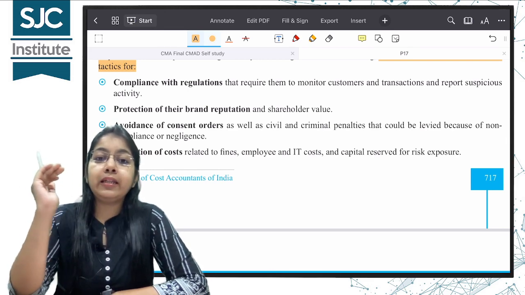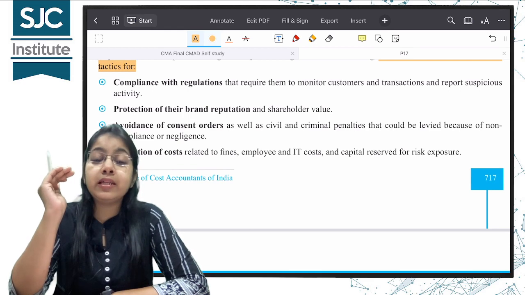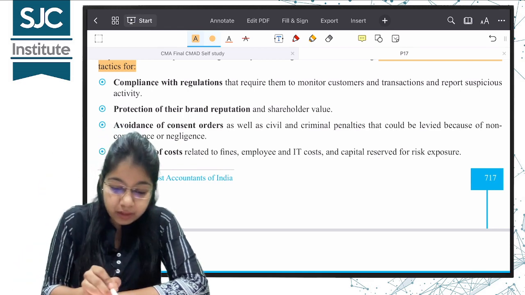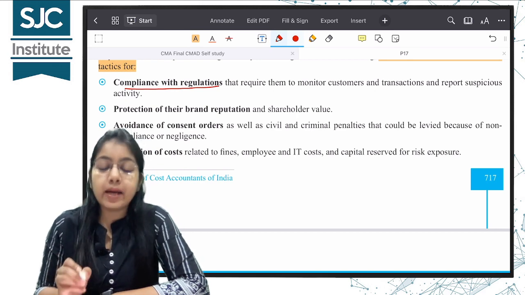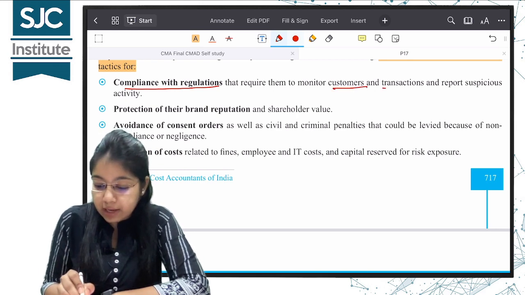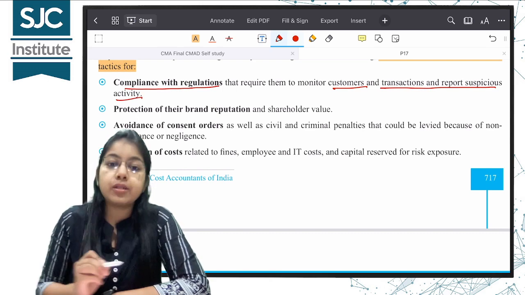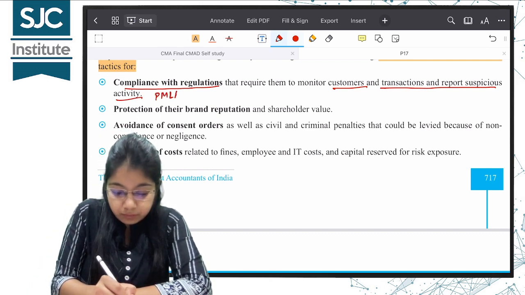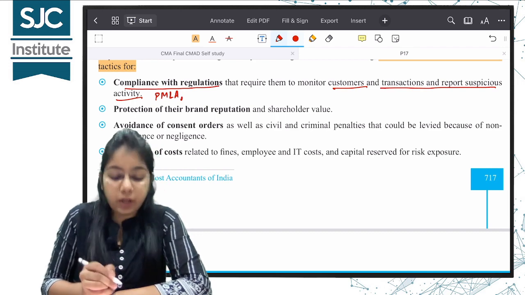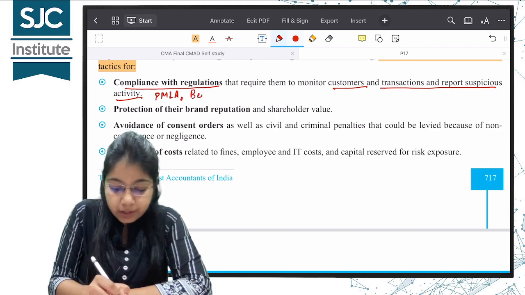But along with that, they also have to do these activities in order to comply with the regulations. Compliance with regulations which require them to monitor customers and transactions and report suspicious activity, like the PMLA. Okay, also your Benami Transactions Act.